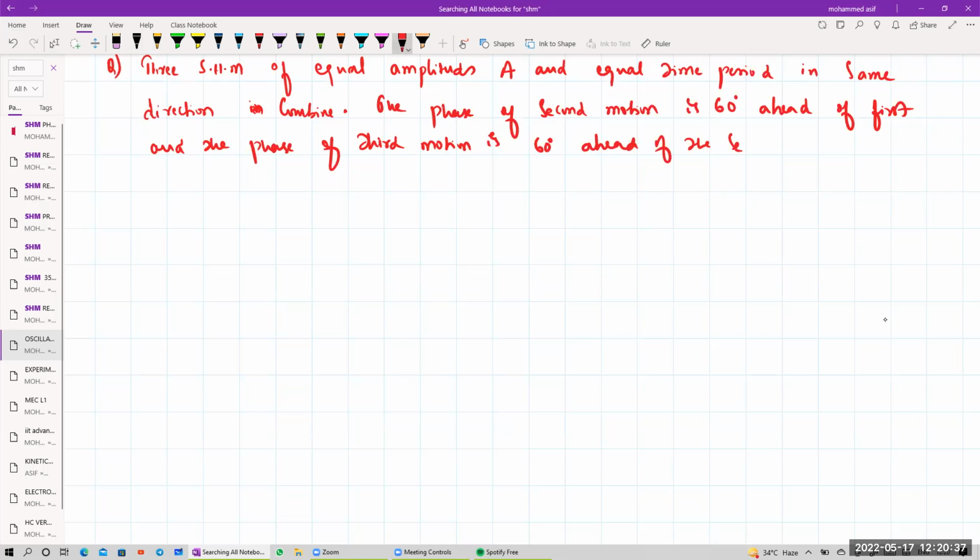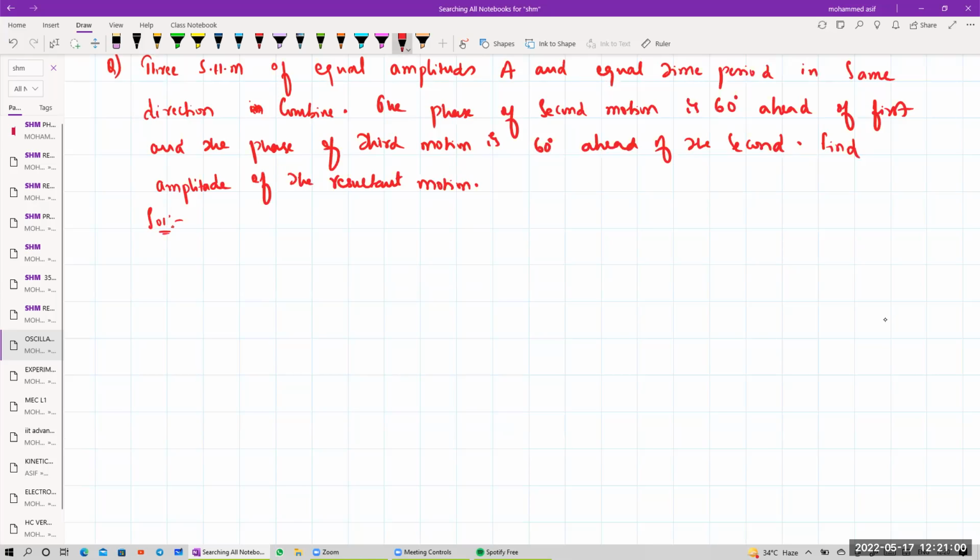Try to understand the question carefully. Find the amplitude of the resultant motion.